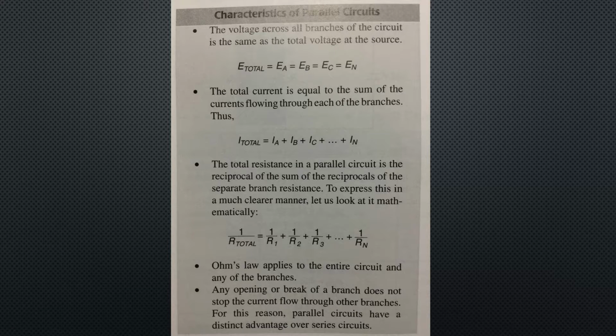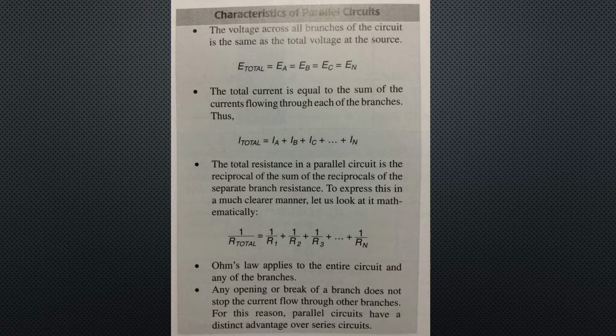The total resistance in a parallel circuit is the reciprocal of the sum of the reciprocals of the separate branch resistances. That is a mouthful, but to express this in a clearer manner, let us look at it mathematically, where 1 divided by the resistance total equals 1 divided by resistance number 1, plus 1 divided by resistance number 2, plus 1 divided by resistance number 3, and so on.